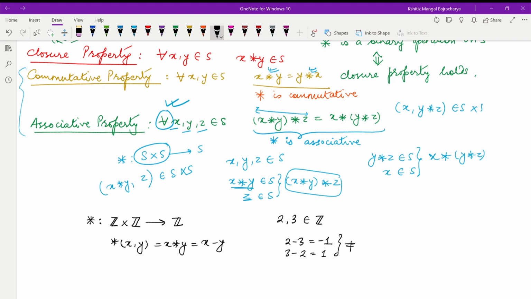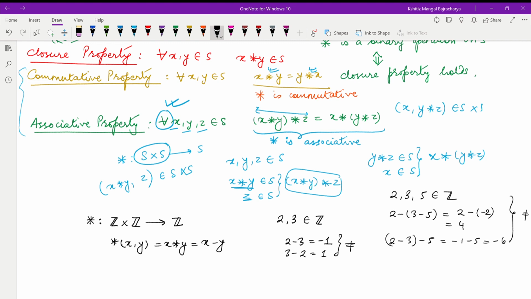Now, are these associative? 2 minus 3 minus 5 equals 2 minus minus 2 equals 4. 2 minus 3 minus 5 equals minus 1 minus 5, which is equal to minus 6. These two are not equal, so this is neither commutative nor associative.